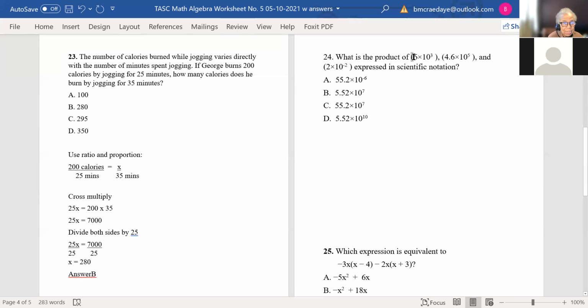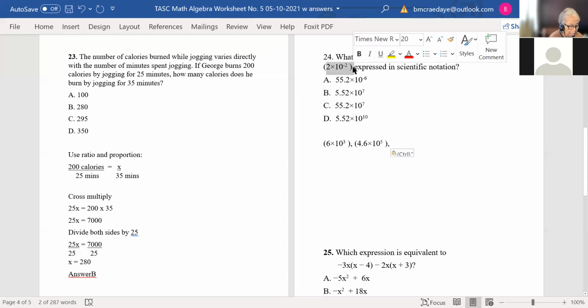So you're really taking 6 to the power 10, and you're multiplying that by this one. And that means you add the exponents.